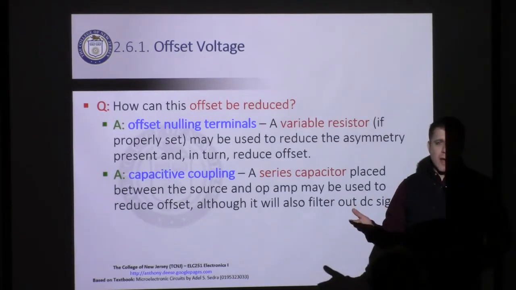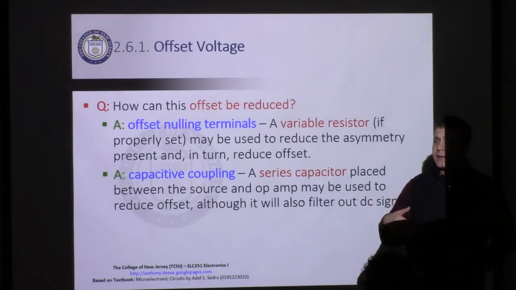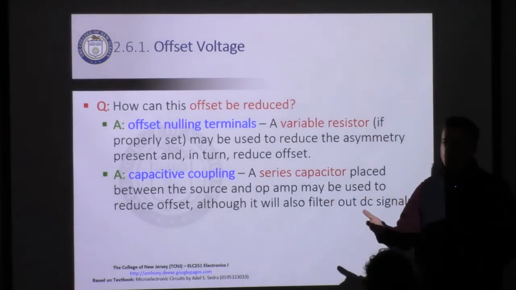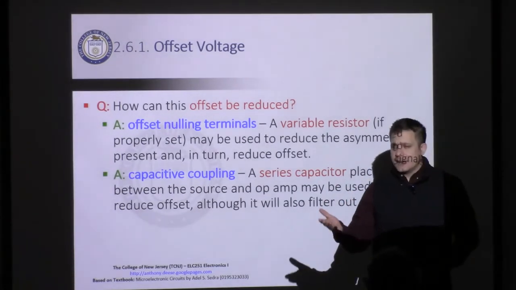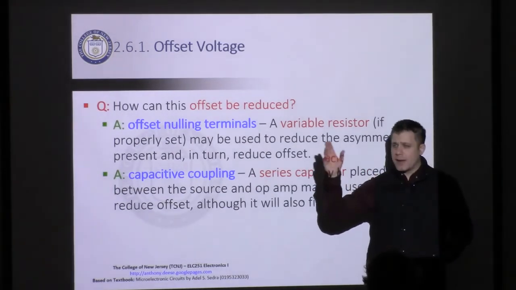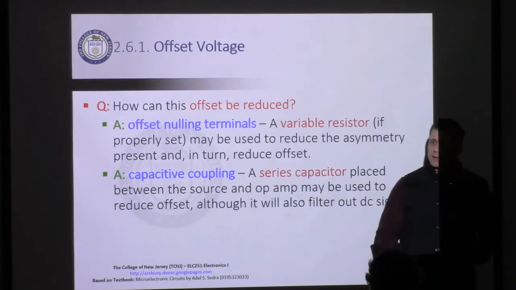This works well, but it has the downside of also removing the DC component of your signal. So if you're trying to amplify a DC signal, this is not a viable solution. It only works if you're amplifying an AC signal with no DC component.